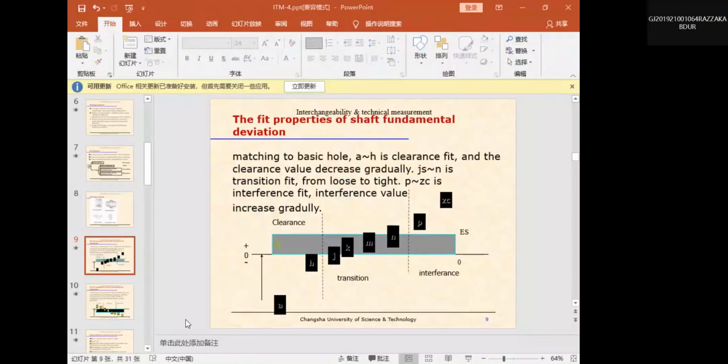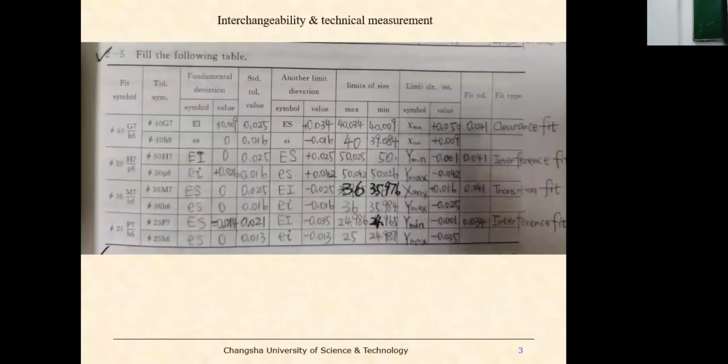Not every number, Laoshi. If you can just go through the first one, then it's okay. The first one, this one.